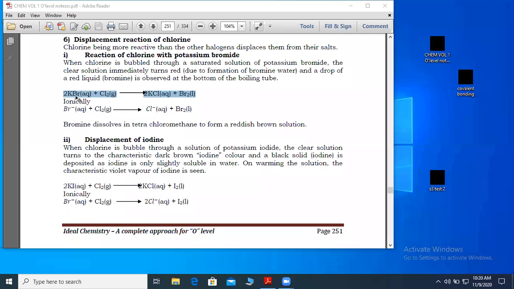Potassium bromide is colorless and it turns to red. Yes, is it Dylan? Speak louder. Chlorine is more reactive than bromine. Good. Repeat, start afresh.